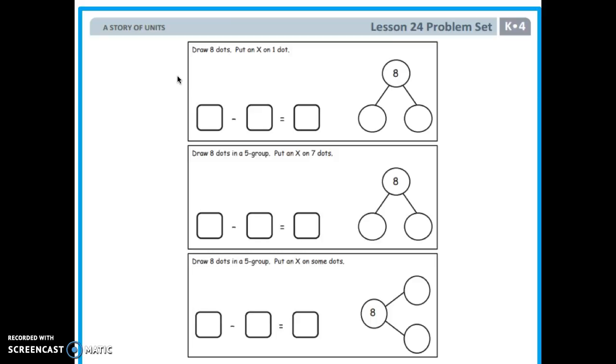If I've gone too fast, pause your video and continue drawing your 8 dots. Put an X on 1 dot. Please fill in your number sentence. How many in all? How many did you cross off? And how many are left?